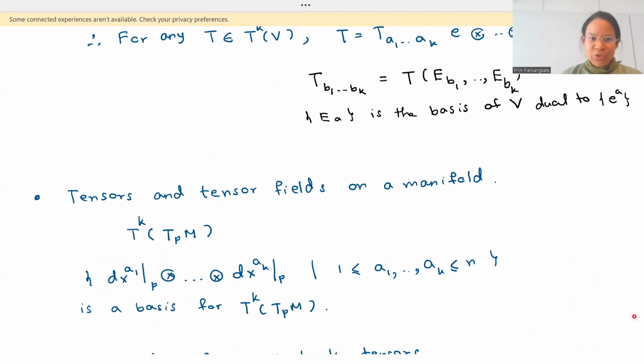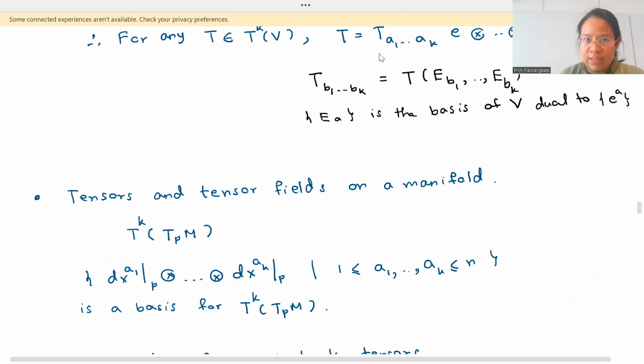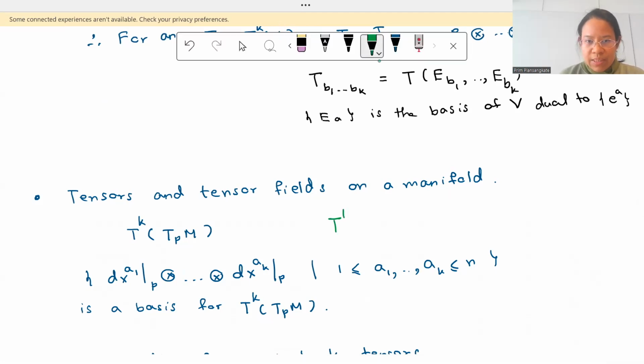So the dual of the tangent space is the cotangent space, and for the cotangent space at P, it has the set of coordinate covectors as a basis.